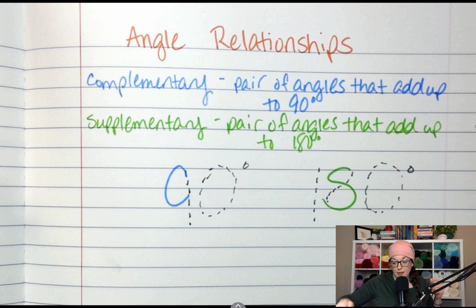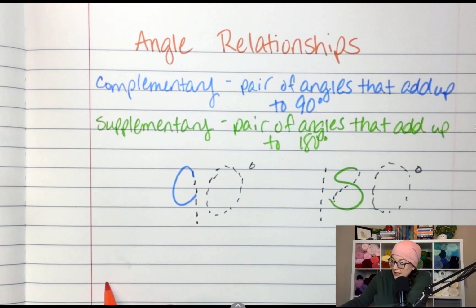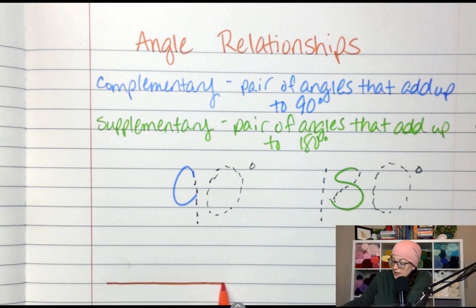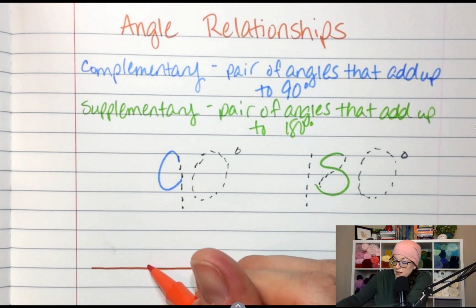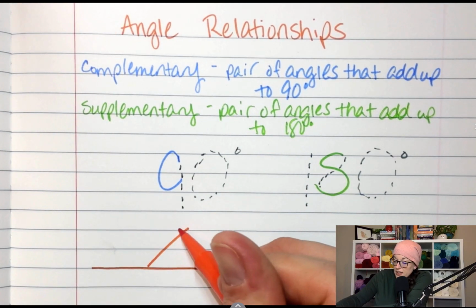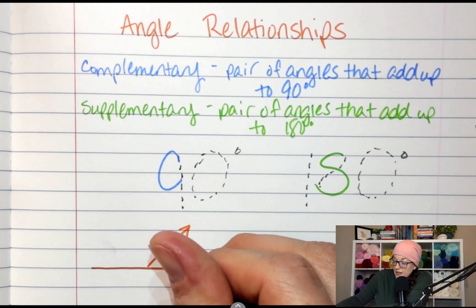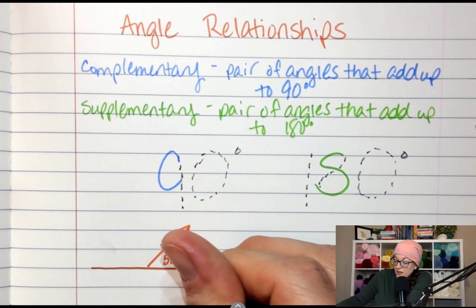All right, let's look at that in practice. Chances are most of the test questions are not going to say, hey, are these two angles complementary? What they're going to do is say, here a straight line is 180 degrees. So here are two angles. This one is 50.